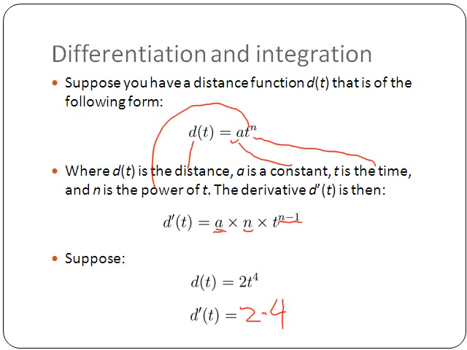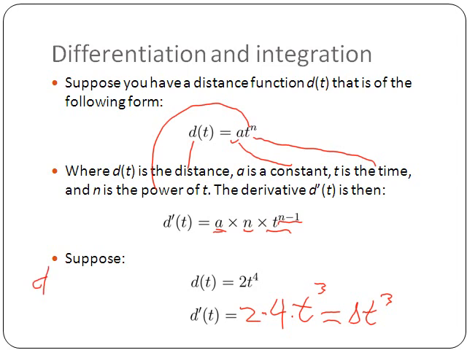So times 4 times the next one, which is t to the n minus 1. So it's t to the 4 minus 1, which is 3. And so my final answer here is going to be 2 times 4 is 8, so 8t cubed. That's my answer. If I differentiate 2t to the 4th, I get 8t to the 3rd. That's all it is.